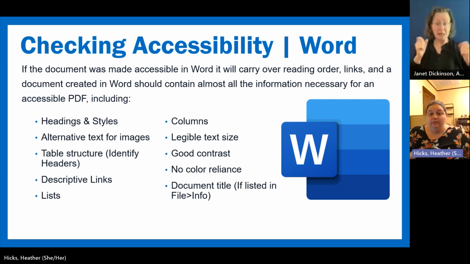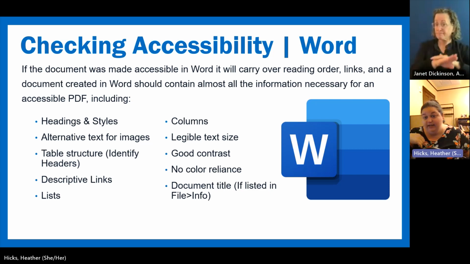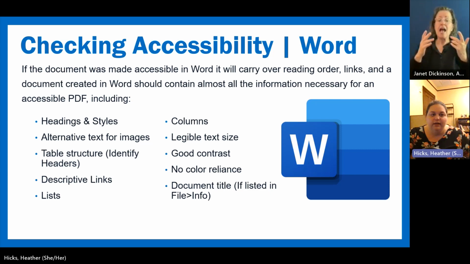And again, this is going to be a little bit of a reiteration from the last slide, but it involves using the headings and styles embedded in Word, alternate text for images, table structure. We need to make sure the headers are identified and all that kind of stuff. And there's a table description. Again, descriptive links, lists and columns should be identified in the system as that style so it knows and understands.